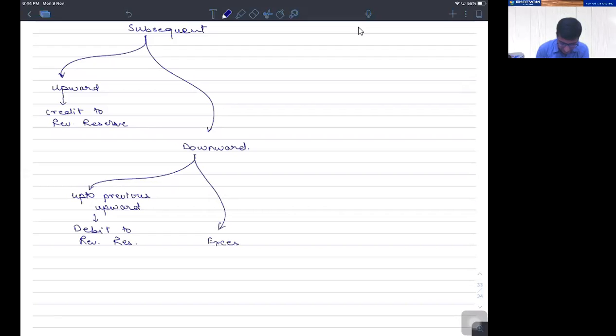In excess of the previous upward, debit to P&L account. Is that right?